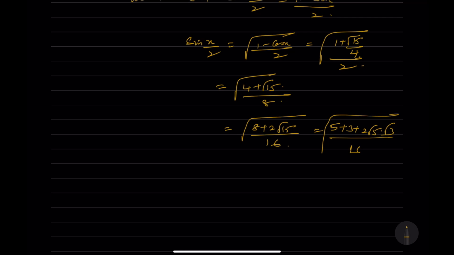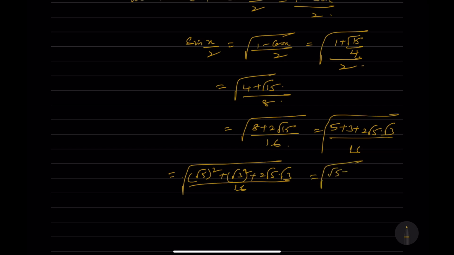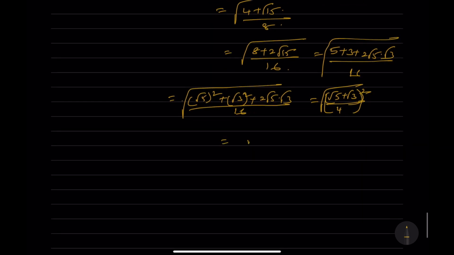So which is equal to, you can write this as square root of root 5 whole square plus root 3 whole square plus 2 root 5 into root 3 divided by 16. That is a plus b whole square formula. So this will become equal to root of root 5 plus root 3 whole square divided by, if you're taking here 4, we can write the bracket in this way because it's whole square. So which is equal to root 5 plus root 3 by 4.